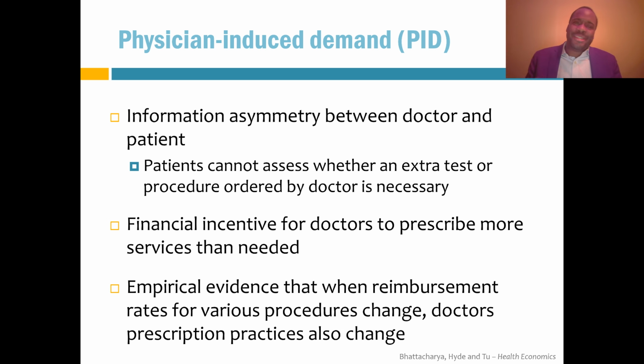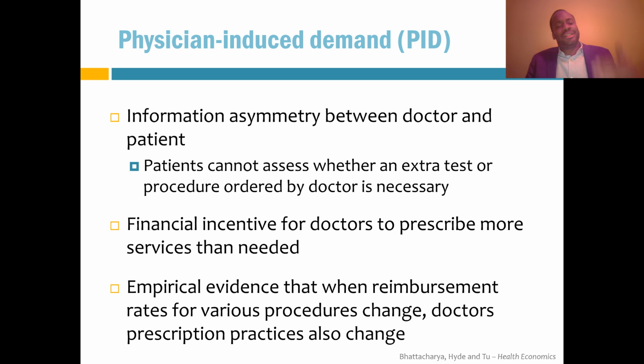So what happens when the physician-agent relationship exists? What happens is information is asymmetric. They call it information asymmetry between a doctor and patient. The patient cannot assess whether an extra test or procedure ordered by the doctor is necessary. So physician-induced demand is caused by the patient trusting the physician and the physician having more information than the patient.